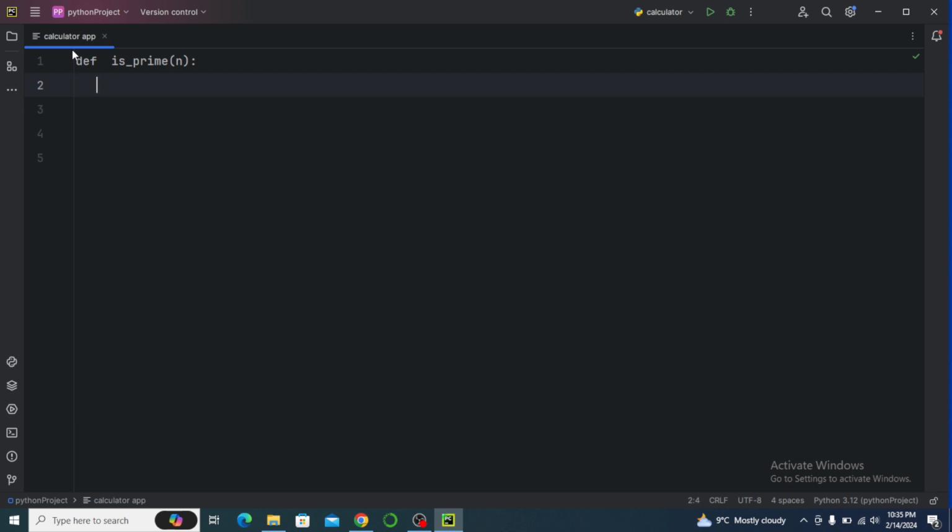So I'll define first. Def is prime, so define that. We're going to say if n less or equals to 1.